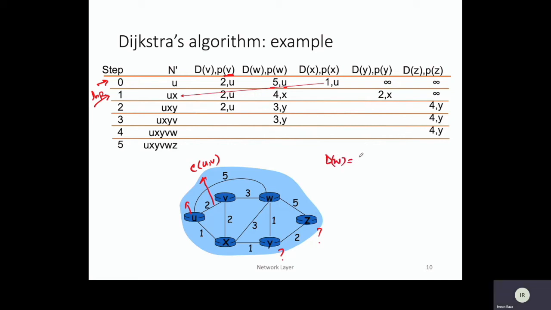So what will be DW? DW will be the minimum of the previous cost. What is the previous cost here? Just look at the previous step. Yes, you're right, 5.